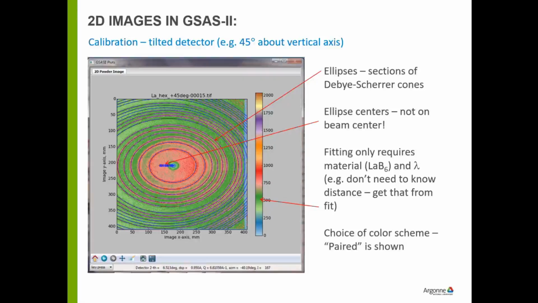Nowhere near the beam center, which is there. So all you need to know is what the stuff is, because that establishes the lattice parameters and the positions of the lines and the wavelength.